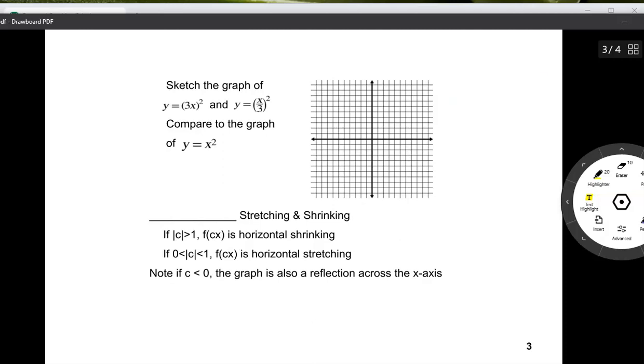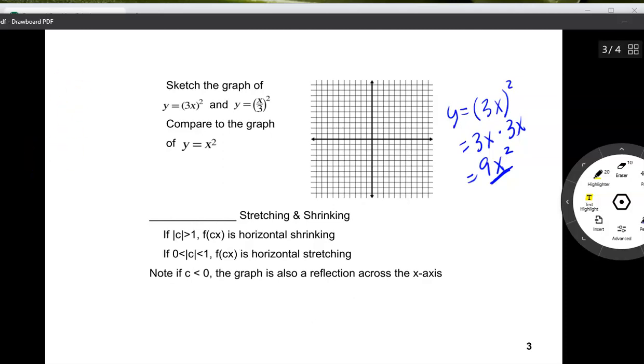Y equals 3x, the whole thing being squared. So we're taking 3x times 3x. 3 times 3 is 9. X times x is x squared. So it makes sense that this would be even narrower than 3x squared, right? Because it's really 9x squared when we multiply it out.